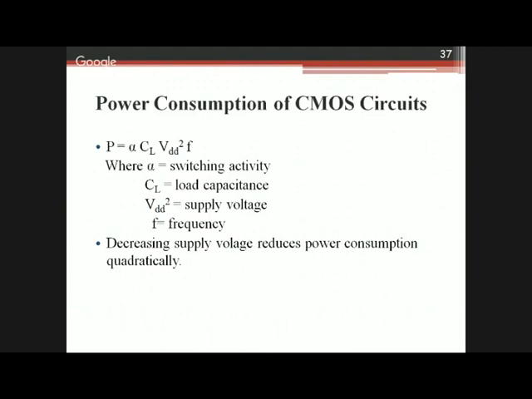That's what we don't want. That's why I have discussed the trade-off between power and speed. If I decrease the supply voltage, I can reduce the power consumption quadratically, as you see, it's a square relation.